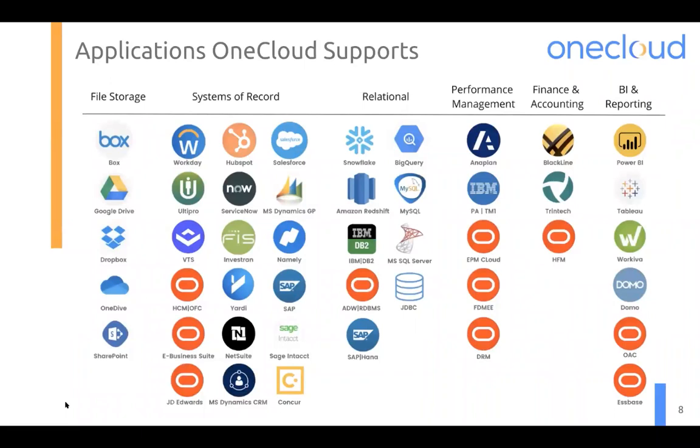So Anaplan is a big support for OneCloud, but also there are other technologies such as maybe some legacy Hyperion or Essbase, for example, TM1 that need to be intertwined with the mix. And then finally, just jumping out to the right, BI reporting, so technologies like Power BI, Tableau, or Workiva, all for that last mile of financial reporting or analytics on top of the data that gets enriched in technologies like Anaplan.